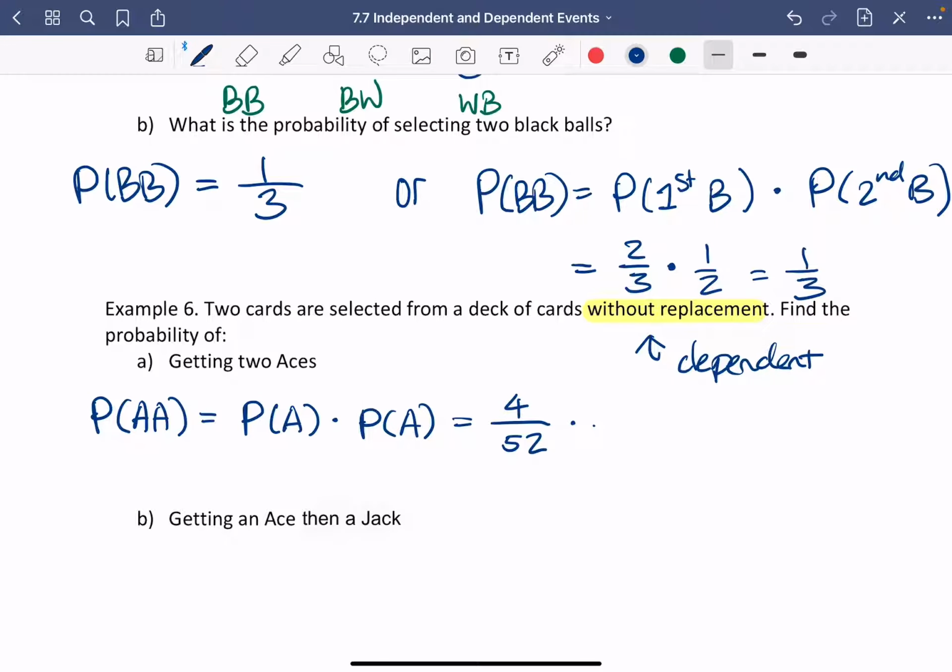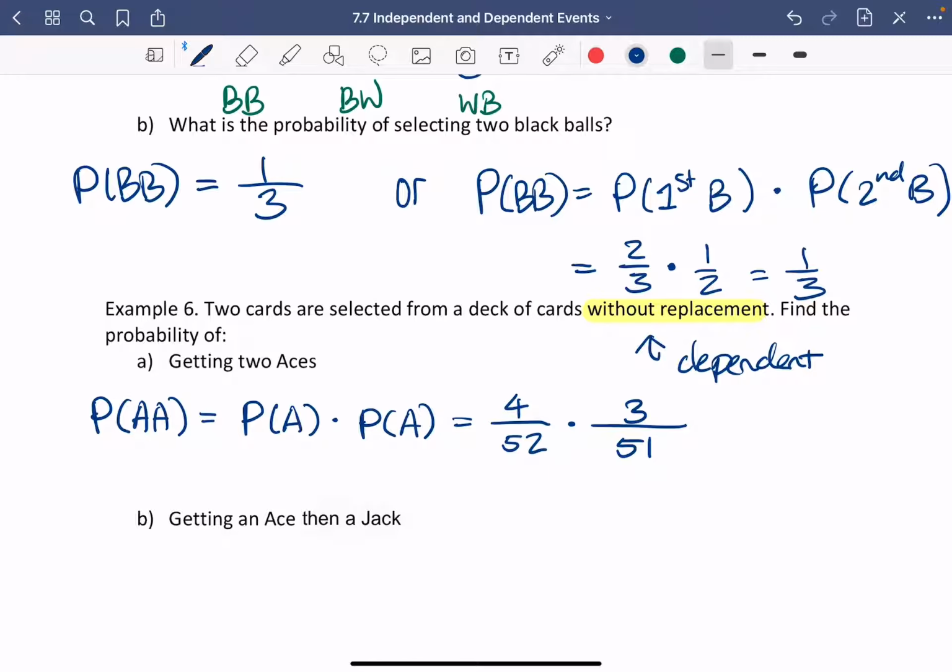What's the probability of choosing an ace the second time? Because you've picked out a card without replacement, that means your deck is now 51, not 52 anymore, because you picked 1 already, right? And what about the number of A's you have in the deck? There's only 3 because you picked 1 already.